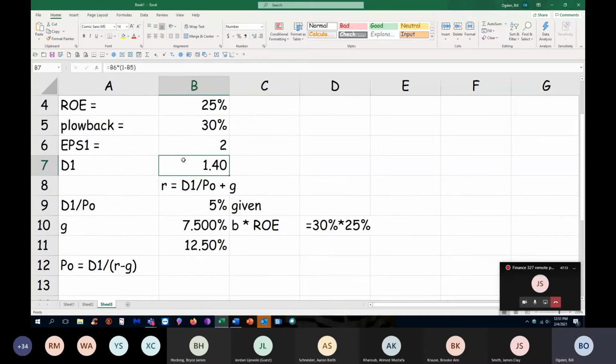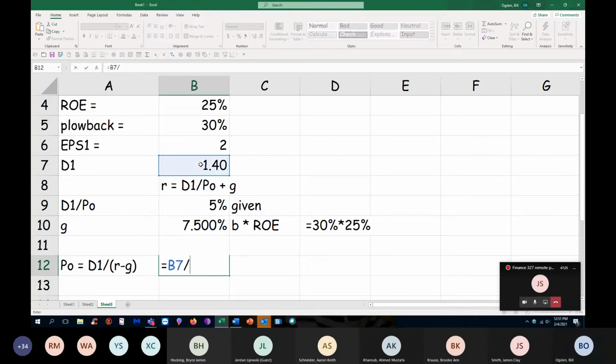Now do we have everything we need? Yes, we do. So equals $1.40 divided by R minus G. It's right above, I guess.